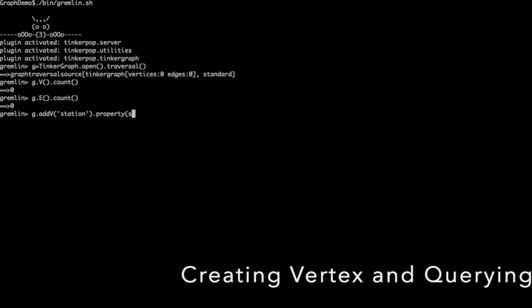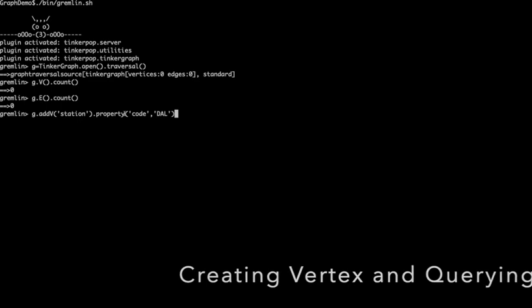So I'm going to type my key is code, comma, station code is at Dallas Airport. Once I use this method, it adds this property to this particular vertex. But I'm not mentioning the ID of this vertex, because if I don't mention the ID, by default Gremlin console assigns the ID as an integer type.